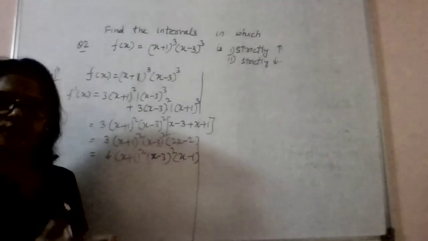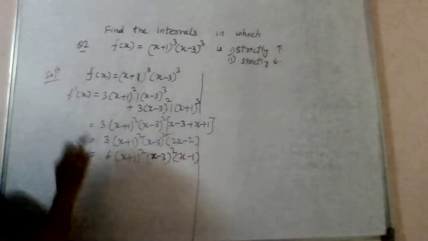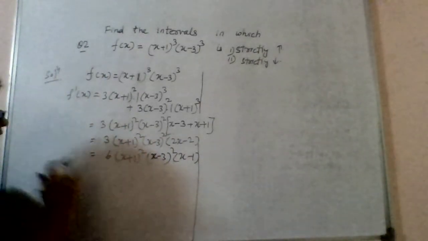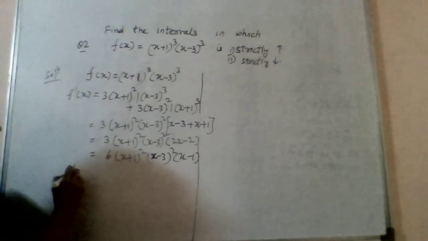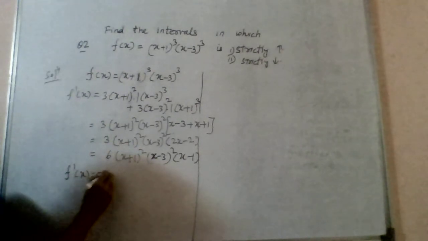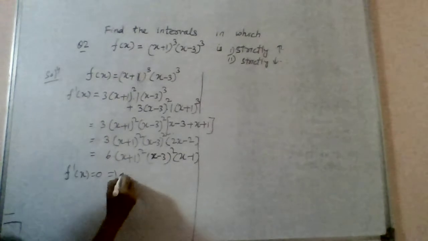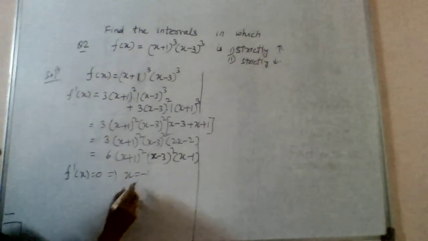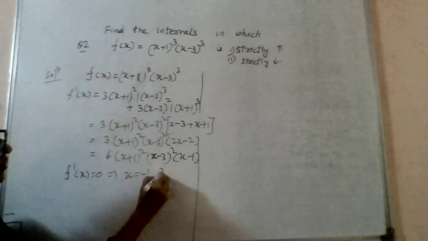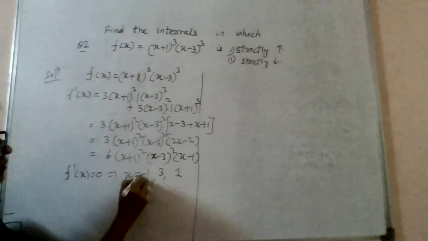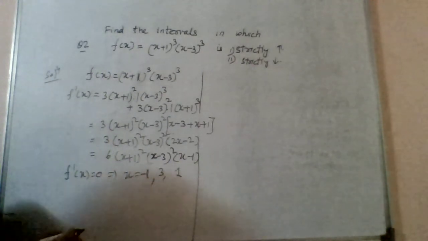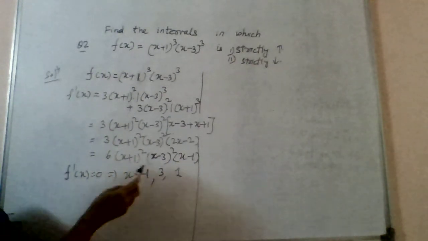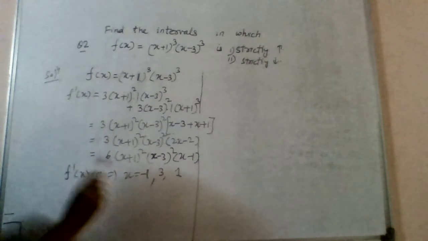So next step after getting f dash x is critical points. f dash x equal to 0 implies x equal to minus 1, 3, 1. So we have three critical points.